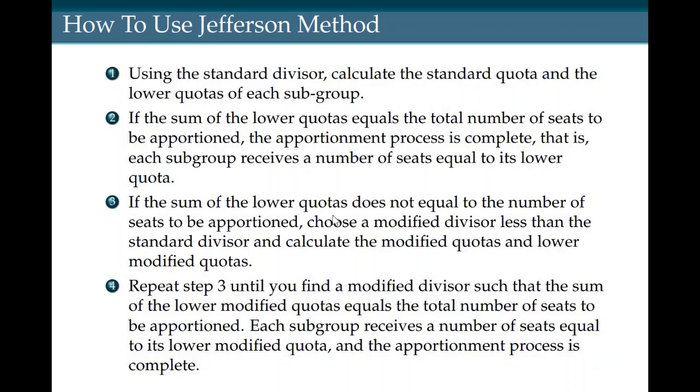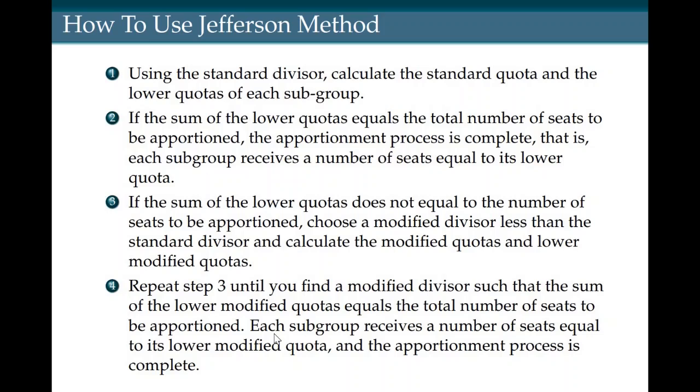But if the sum of the lower quotas does not equal the number of seats to be apportioned, then we will choose a modified divisor less than the standard divisor and calculate the modified quotas and lower modified quotas. And we will just repeat the process until we find a modified divisor such that the sum of the lower modified quotas equals the total number of seats to be apportioned.